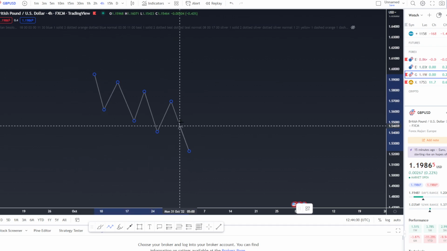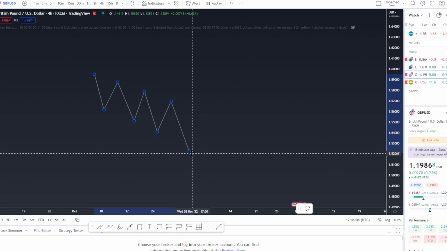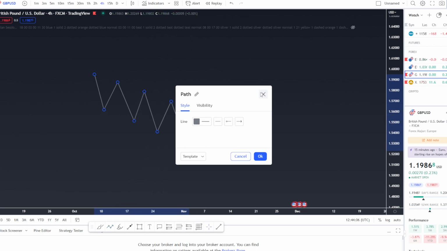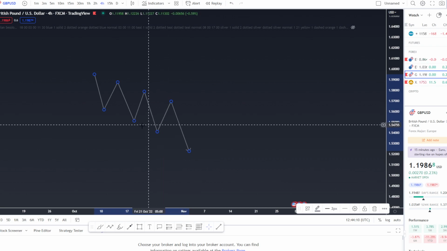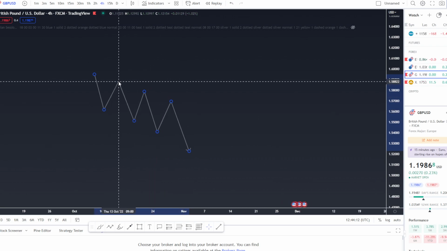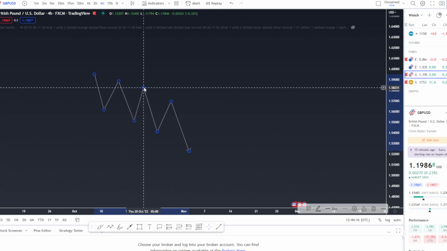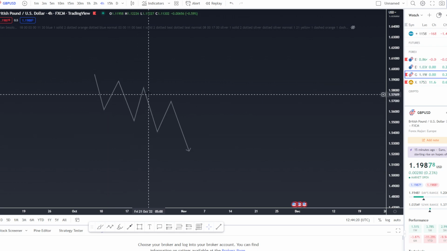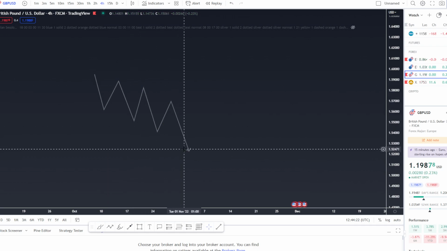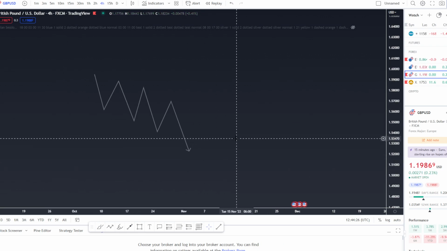We're just going to say and assume that this is the external structure and the internal structure is in here. I'm not going to draw that out because it will look too messy and take up too much time. I'm sure you guys know what I'm saying. So we have our internal in here in each of these legs. These points are the external structure, and we're just going to say this is on the 4-hour time frame.